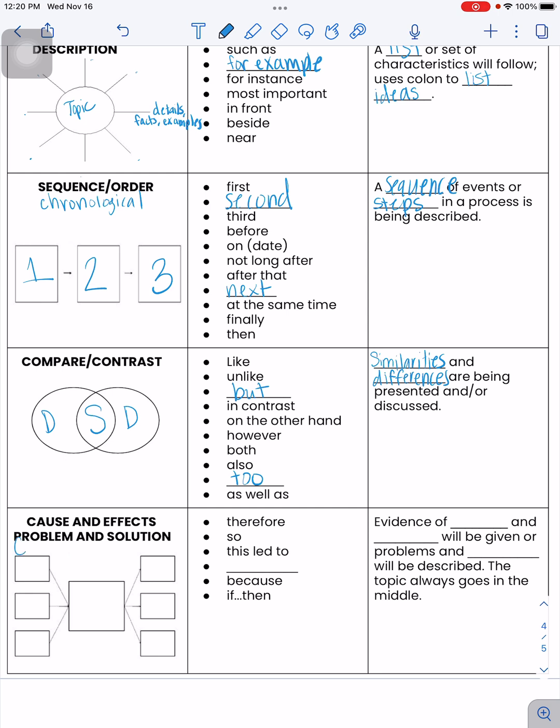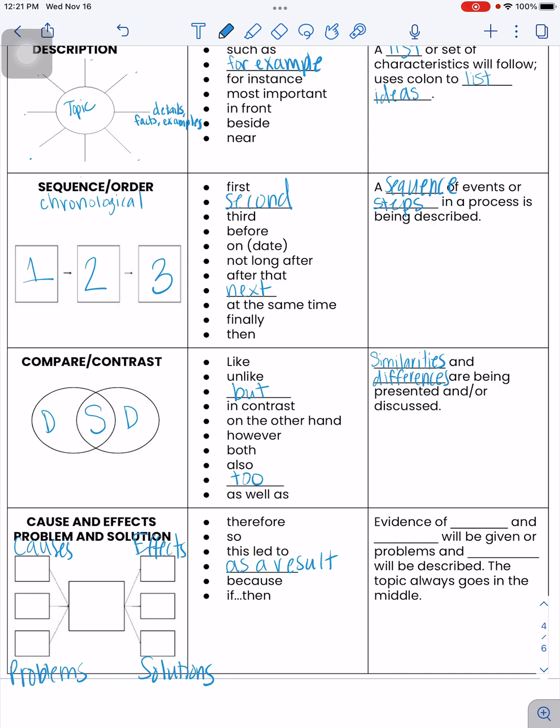So we would put causes over here and effects over on this right side, or you could put problems on the left and solutions on the right. Your signal words for cause and effect and problem solution are therefore, so, this led to, as a result, because, if, then.